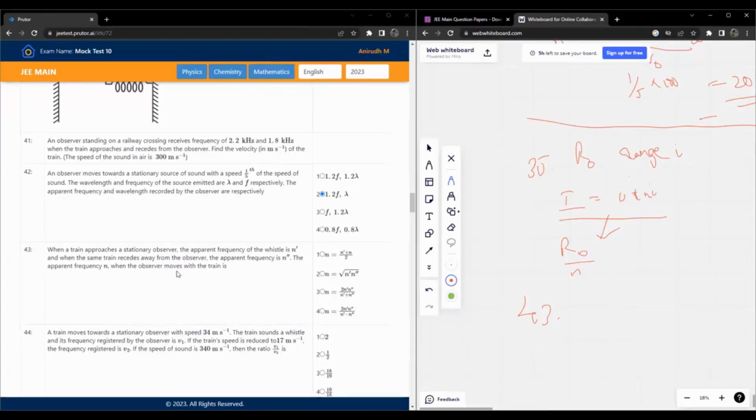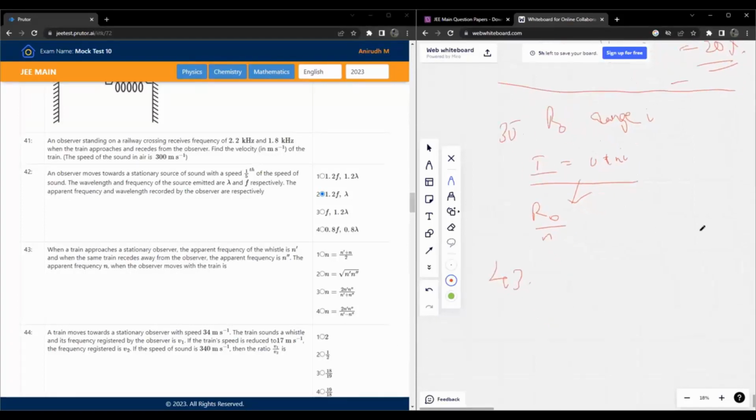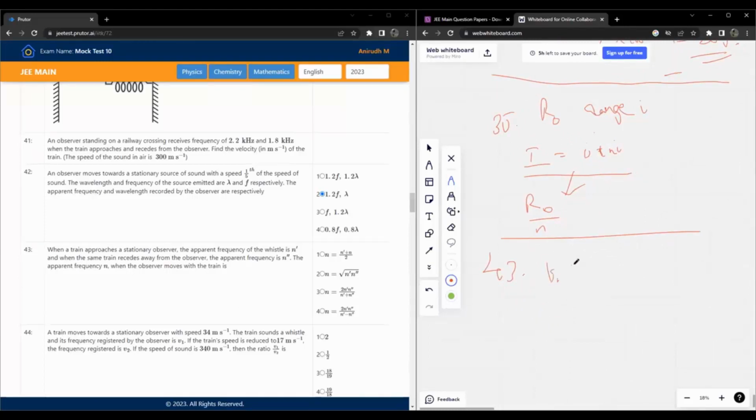Basically, the apparent frequency n dash, when the train moves, with n being the natural frequency of the train whistle itself. So f1 is n dash, which is nv divided by (v minus vs), and f2, that is n double dash, is nv by (v plus vs), right?